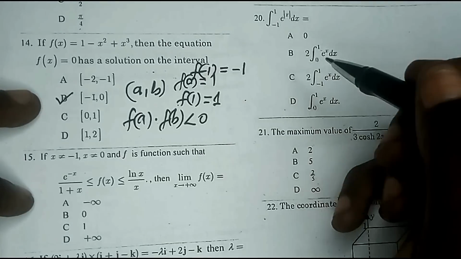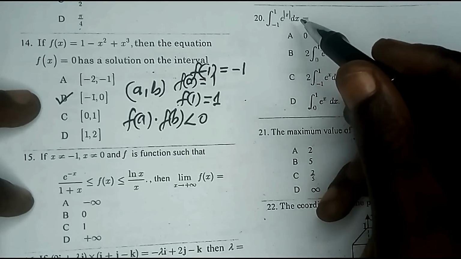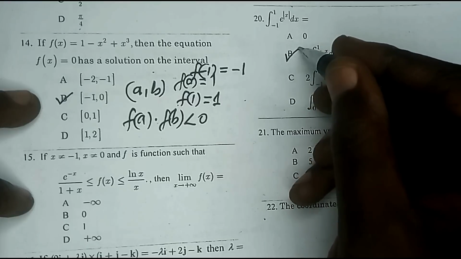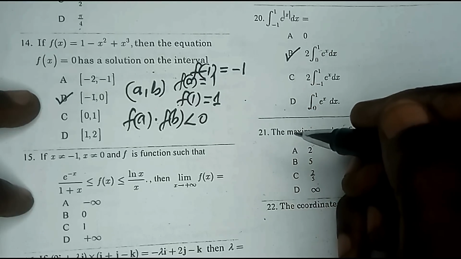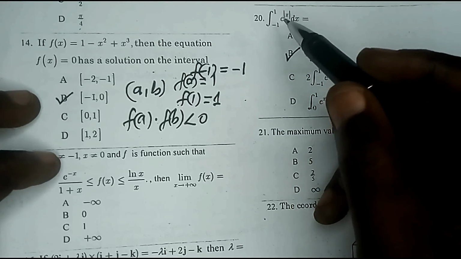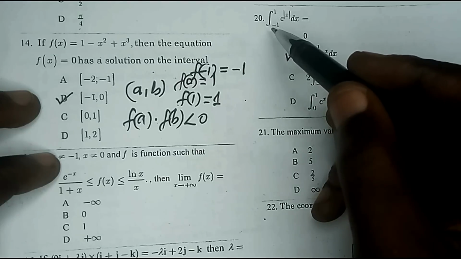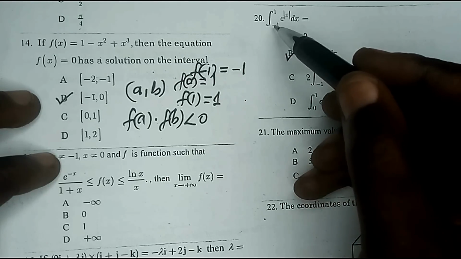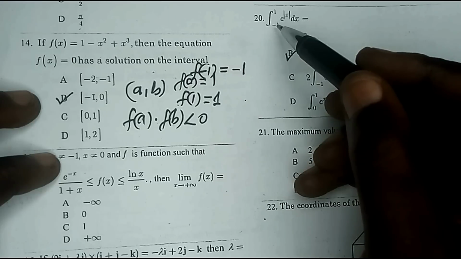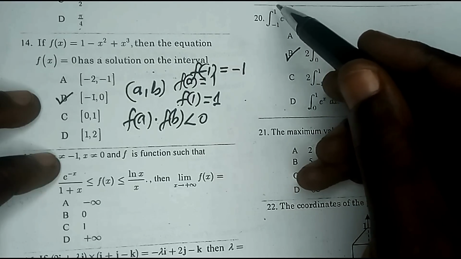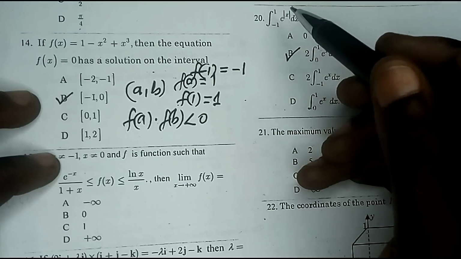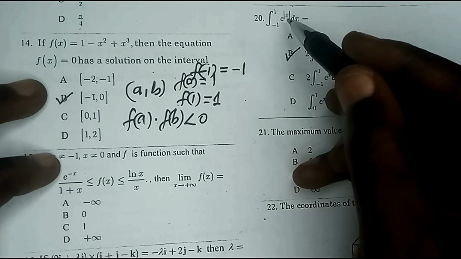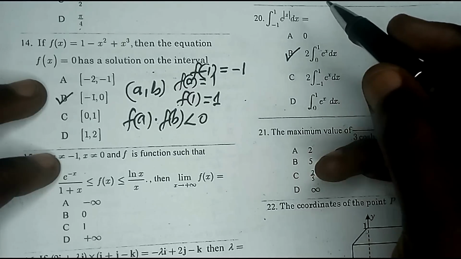For number 20, we have B as the answer. Usually when you see an integral in which we have the limit as a real number, negative of a real number to the positive of the real number, then we need to verify the parity of the function involved.